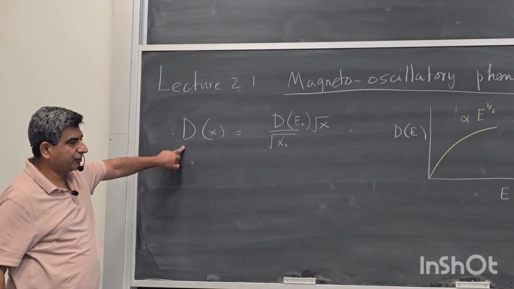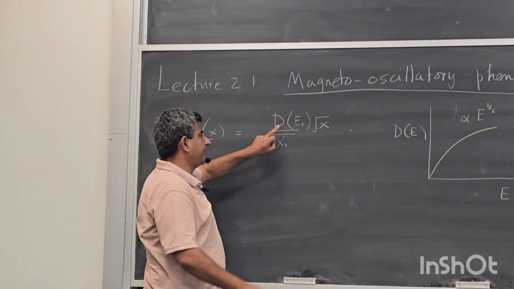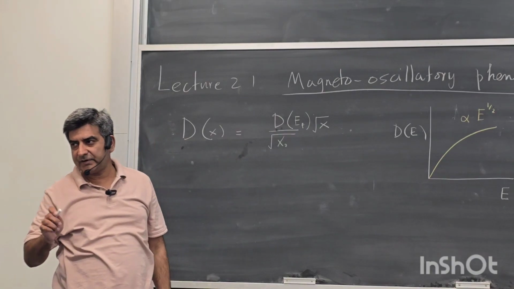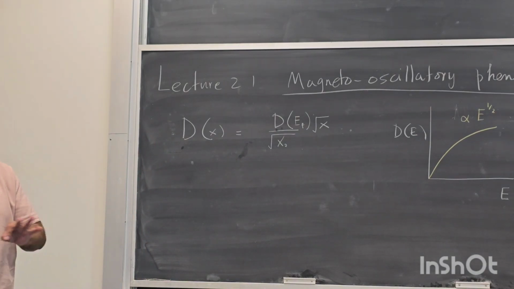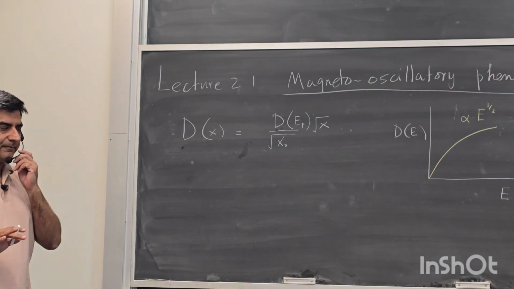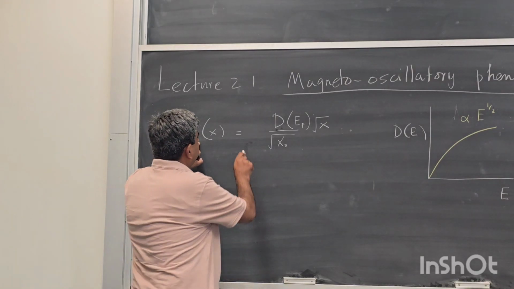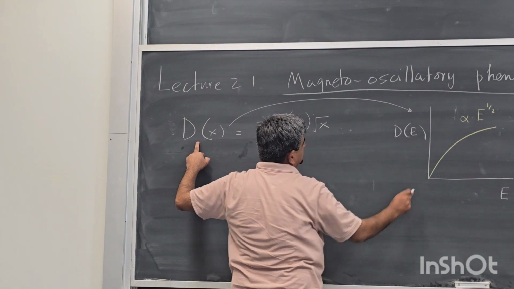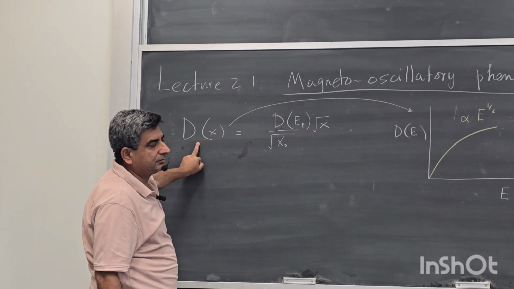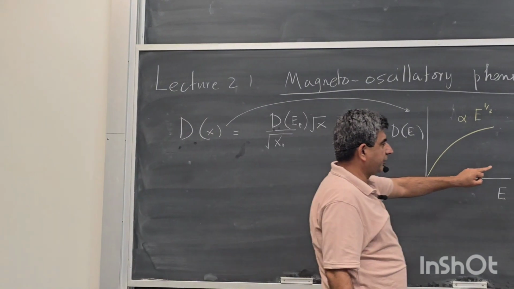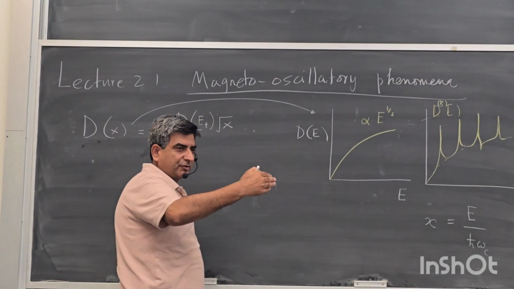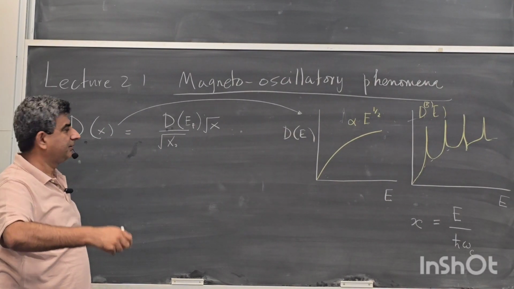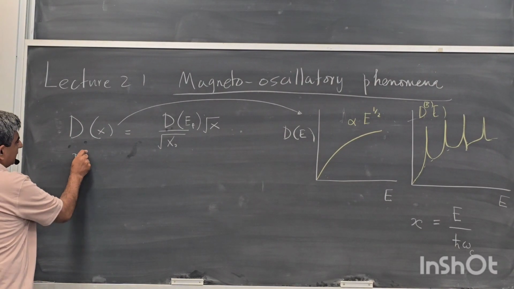Here D(EF) is the density of states at the Fermi level, and when I write EF, it means the Fermi energy in the absence of a magnetic field. So this is the curve for this scenario, and the curve for the other scenario is given by a summation of square root functions as they appear in the denominator.